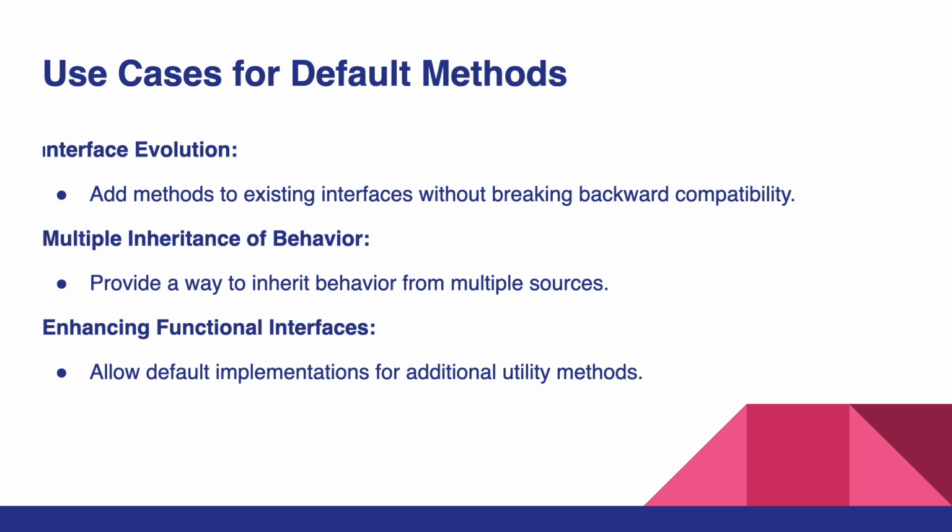Additionally, default methods support multiple inheritance of behavior, which allows a class to inherit behavior from multiple interfaces. They can also be used to enhance functional interfaces by providing default implementations for helper methods. These benefits make default methods a versatile tool in a developer's toolkit.